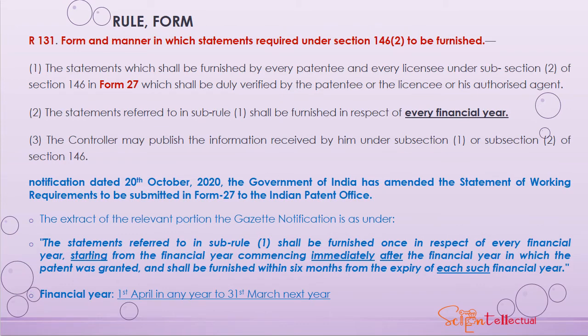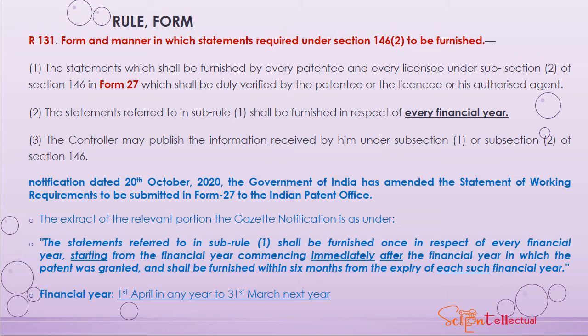Here comes the relevant rule which says how and when the patentee or licensee will furnish the information on to what extent his patented invention has been worked in India on a commercial scale. The rule is Rule 131 and the form is Form 27, through which the patentee or licensee will furnish the information.